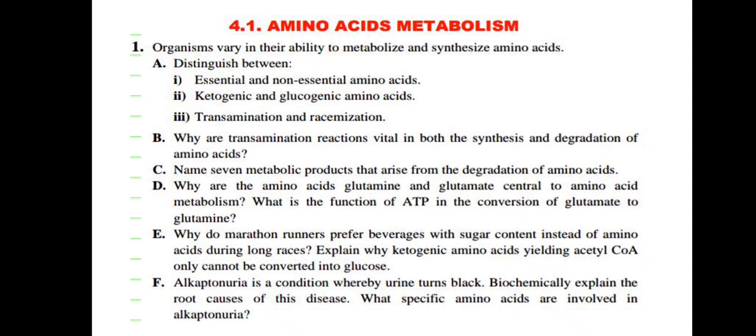So, for example, you can talk about alanine, you can talk about glutamate, glutamine. Those are examples of glucogenic amino acids because from them you can form molecules or carbon skeletons that will be able to form glucose. So basically, ketogenic amino acids are those amino acids that can be used to form ketones or ketone bodies. Then glucogenic amino acids are those that can be used to form glucose.